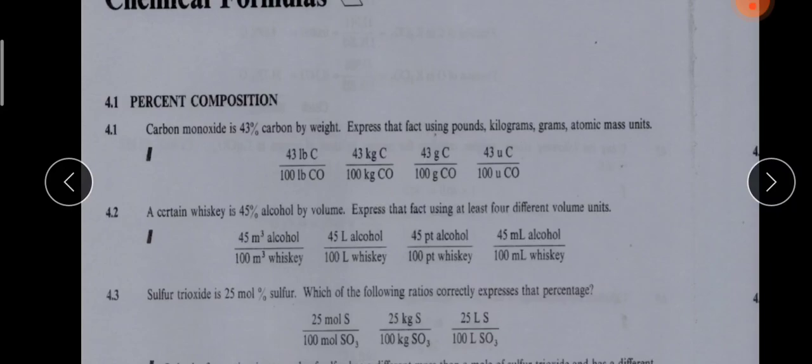A certain whiskey is 45% alcohol by volume. Express that fact using at least 4 different volume units.